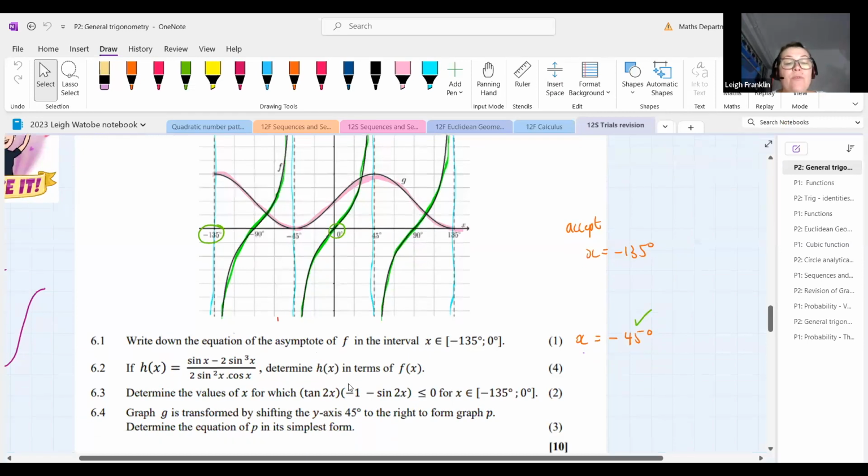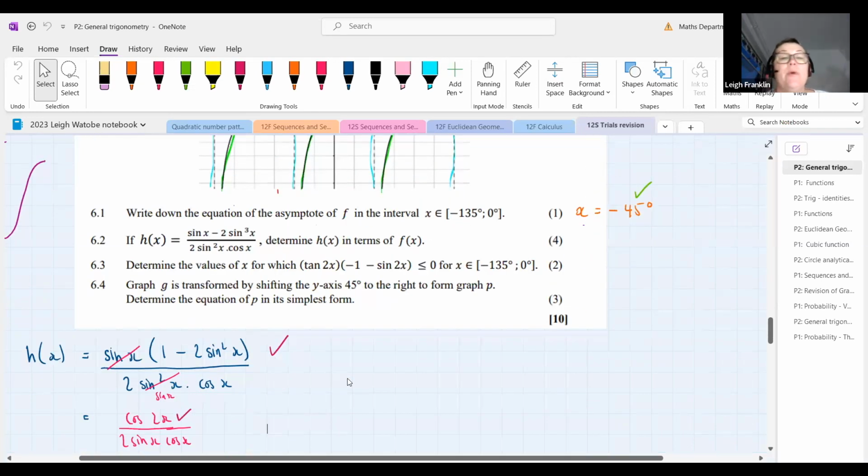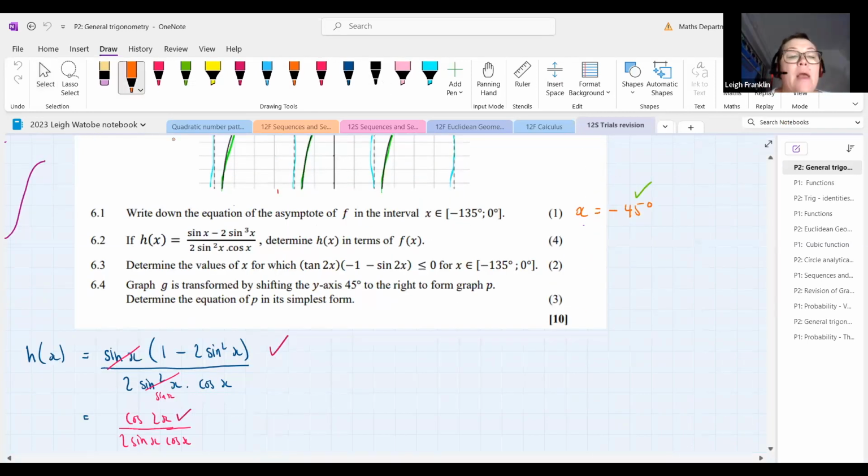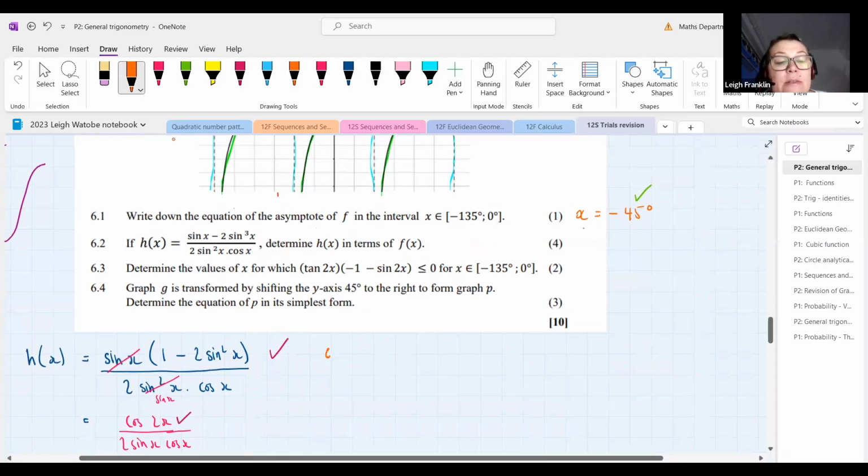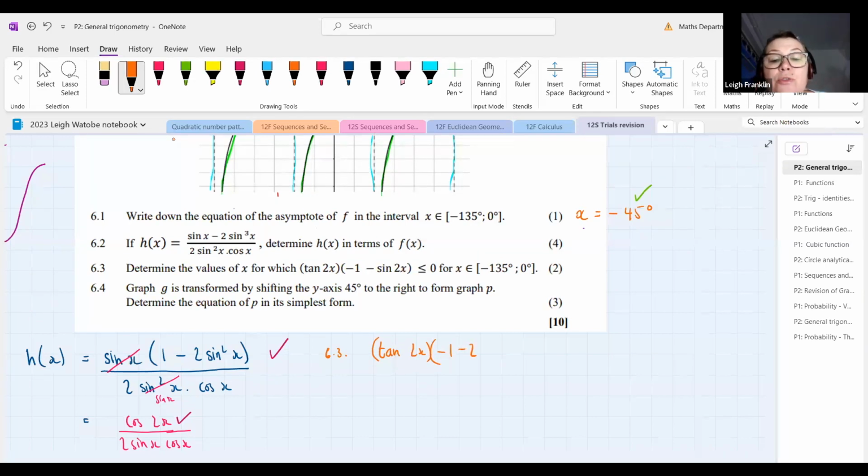Okay, so if we have a look at question 6.3, they have given us: determine the values of x for which tan 2x multiplied by minus 1 minus 2 sine x is smaller than or equal to 0.